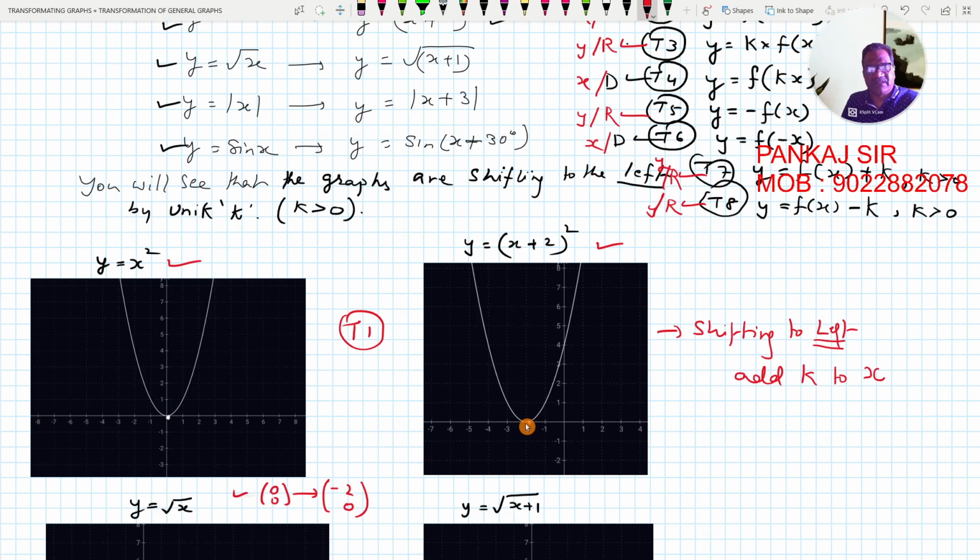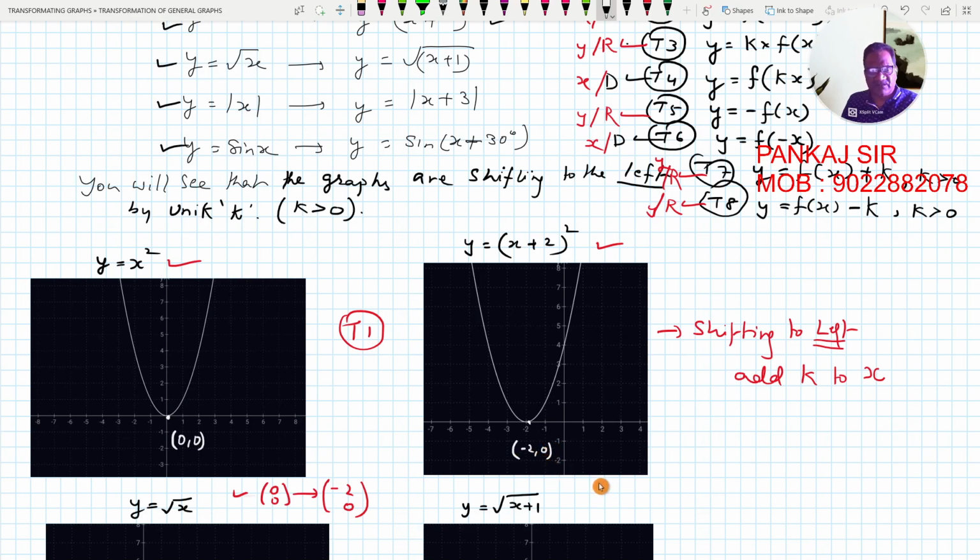Can you see here, the coordinate of the vertex of y is equal to x plus 2 the whole square has become minus 2 comma 0. This was 0, 0. I'll write here for you. This is 0, 0 from the parent function, and this is minus 2 comma 0 in the transformed function.